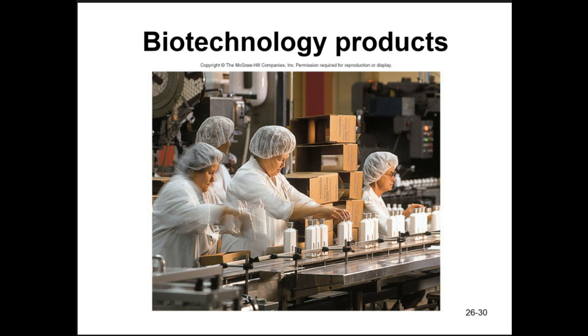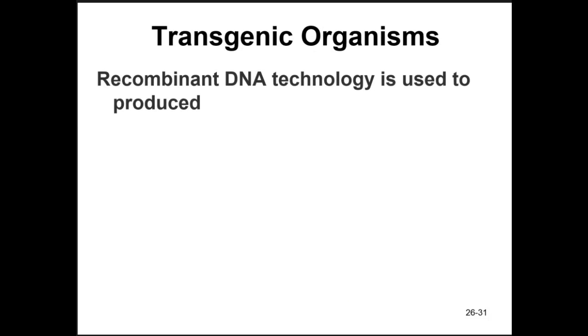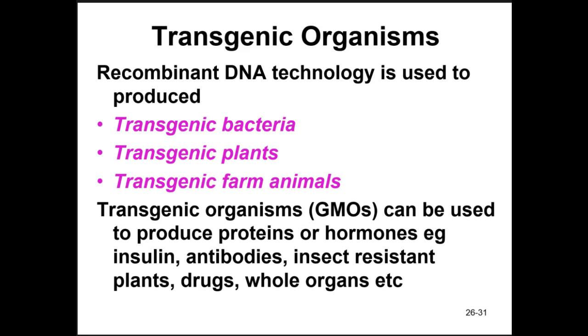Now let's talk about some specific biotechnology products that were created using recombinant DNA technology and genetic engineering. Also, sometimes cloning is used in these procedures. As we mentioned, transgenic organisms are organisms that consist of DNA from different species.